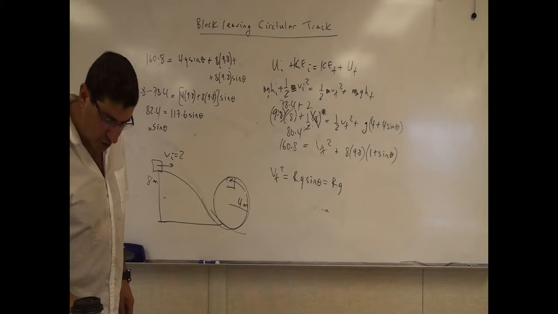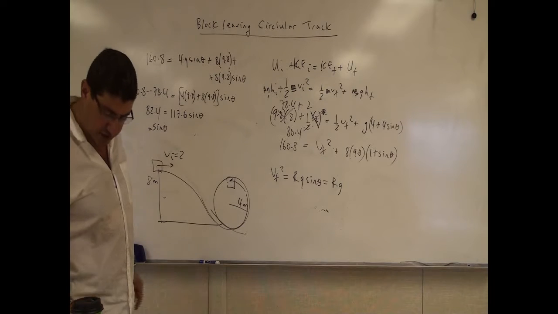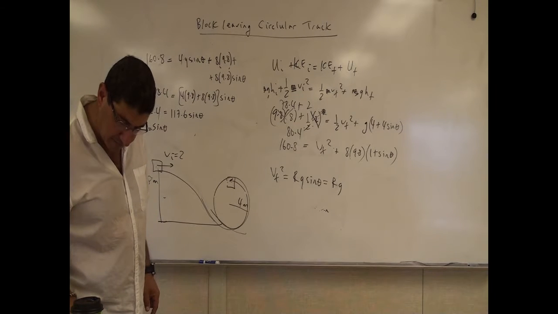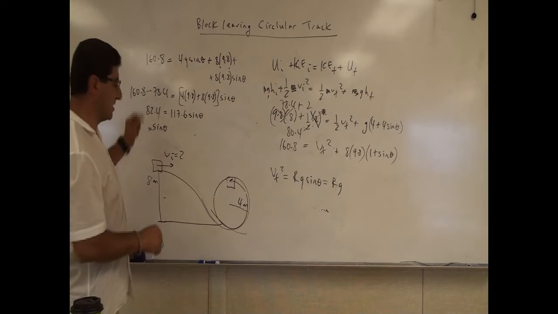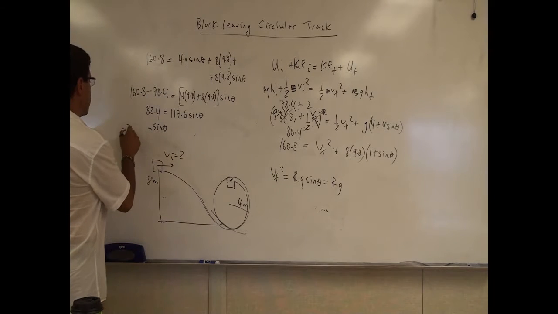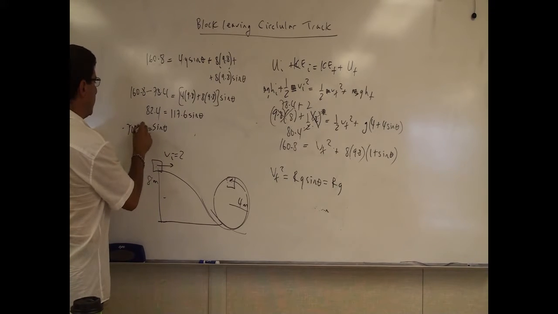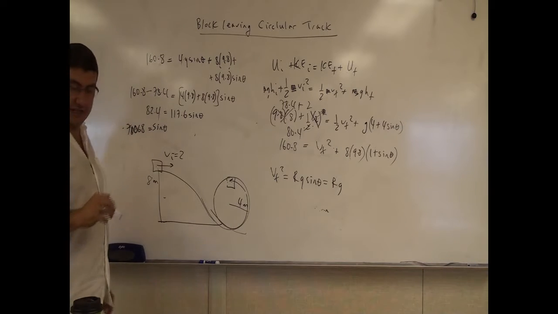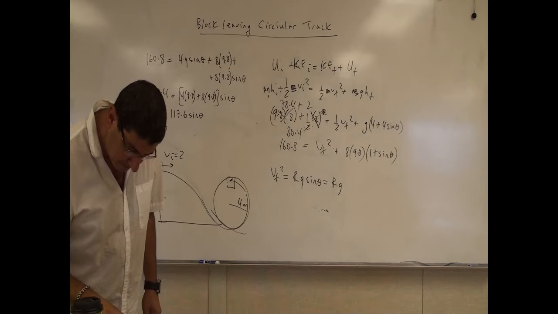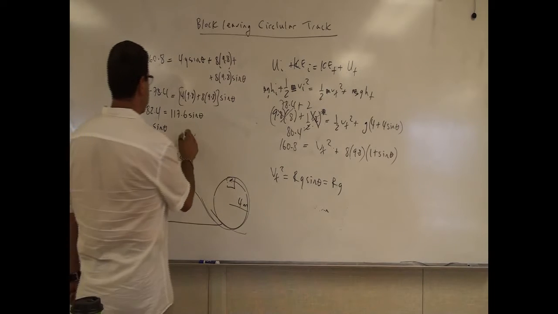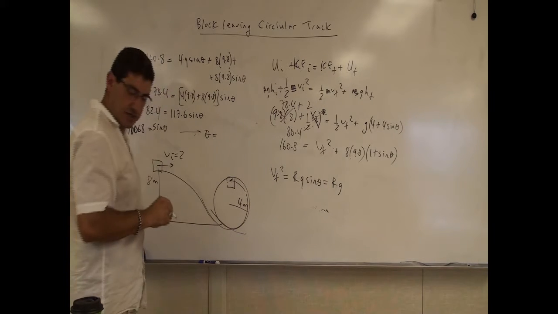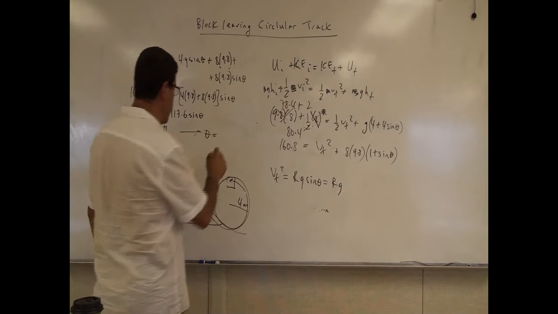So now we have 82.4 divided by 117.6. Okay? Then we get 0.70068. Then we take the inverse sine of that. We get 44 degrees. Theta is going to be 44.5 degrees.